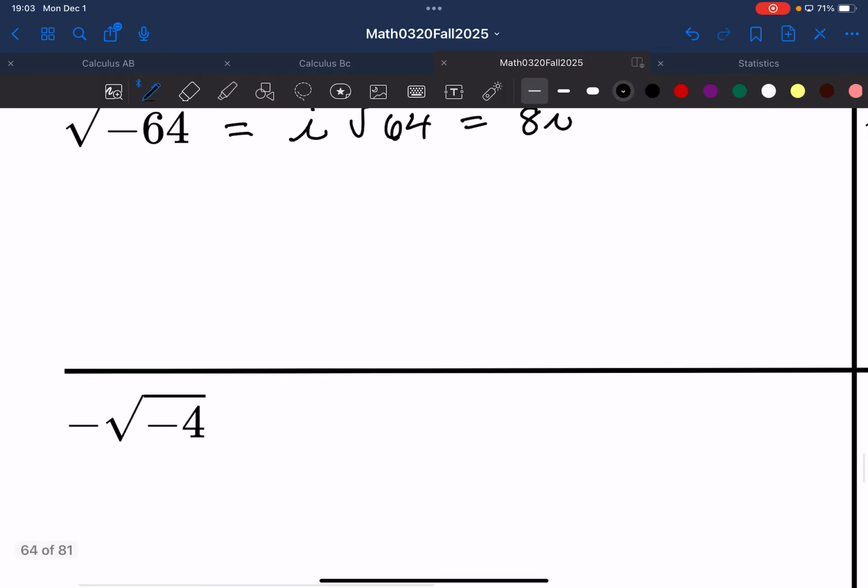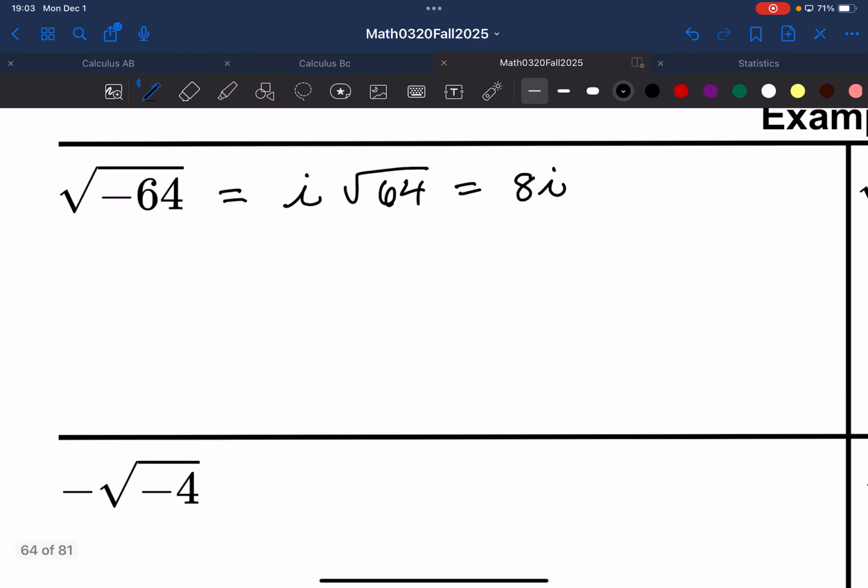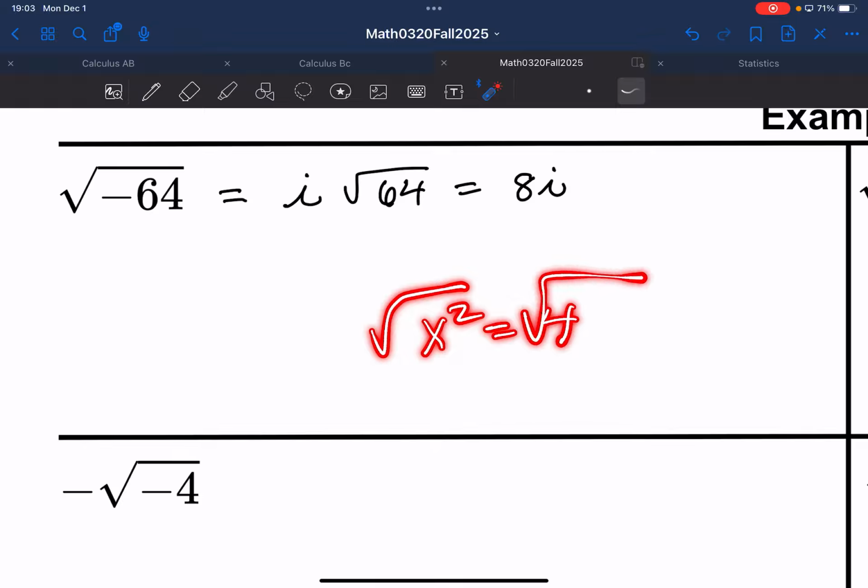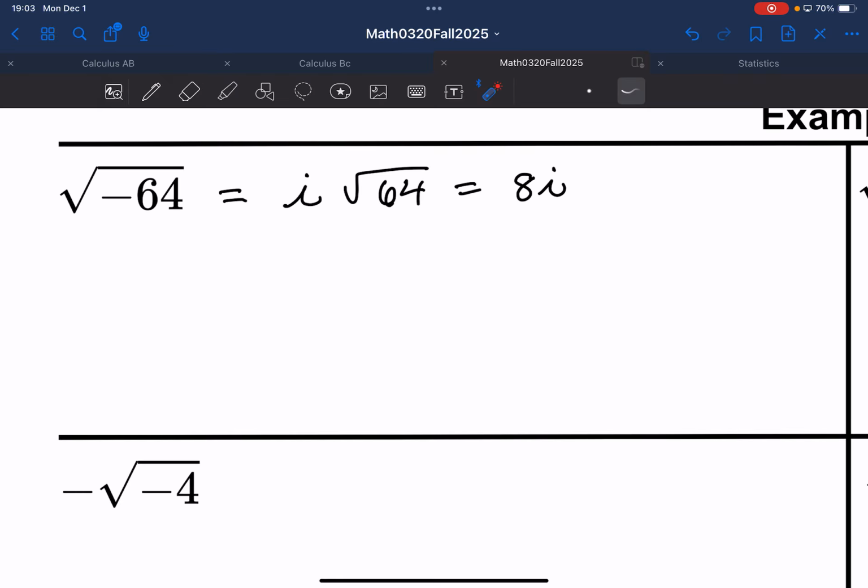When we talked about absolute value, that was us saying if we had x squared equal to 4, if we were to take the square root, that's the same as saying x is equal to the absolute value of 2. It could be positive or negative 2 because we're squaring the number. If you square a negative, it's positive. Square a positive, it's positive. But no correlation to imaginary. I don't want you to think they're the same.